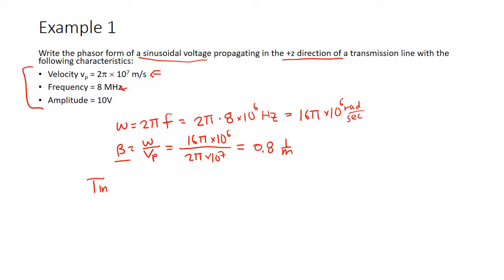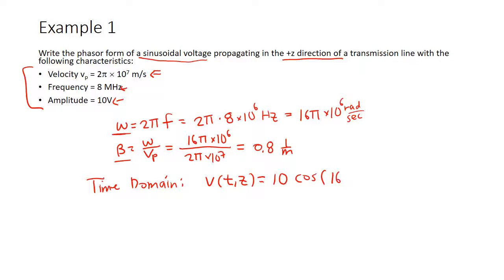In the time domain, therefore, we can see that the voltage can be written as a sinusoid with an amplitude of 10, as we were given here, times the cosine of omega t.